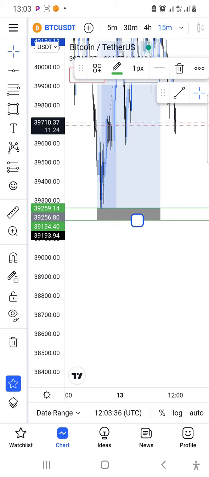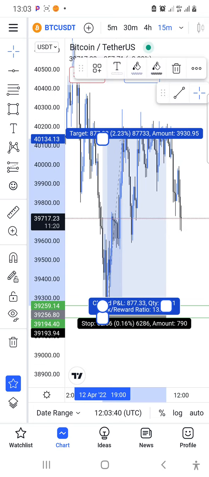You can see a stop loss of 0.16 and a take profit of 2.23%. You get that? So a 2.23% move. You get our leverage since we have a stop loss of 0.16%. You get now. So let's now calculate.